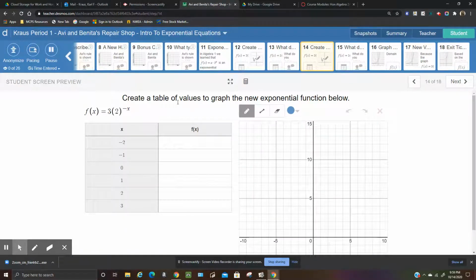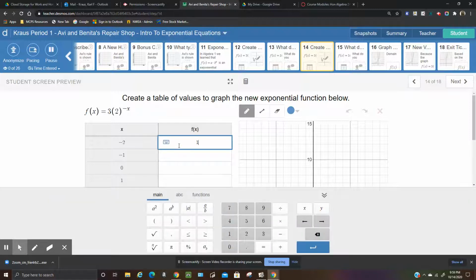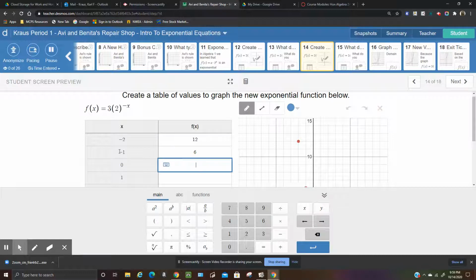All right, create a table for this new exponential function. So if I put a -2 in here, that would be 2 squared is 4. This is 12. And if I put a -1, you get a 6. So I get somewhat the reverse of the previous table. And a 0 would be 3.